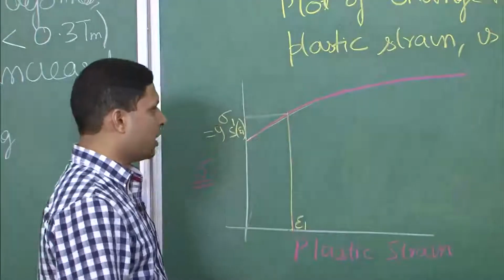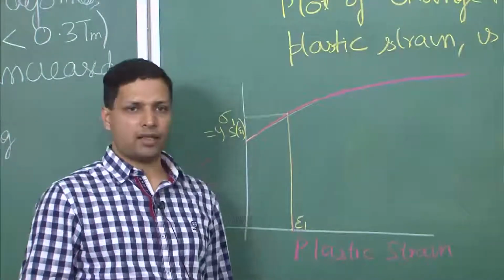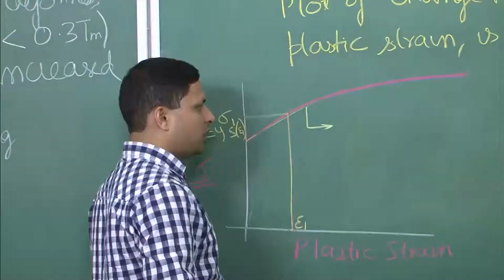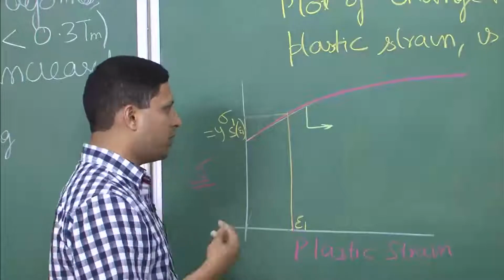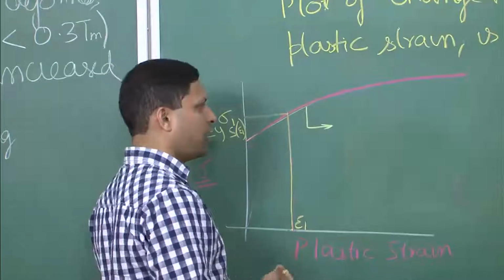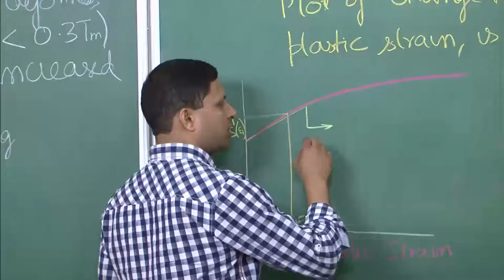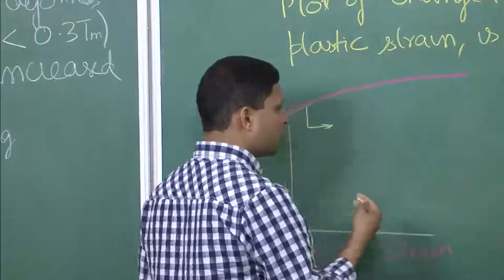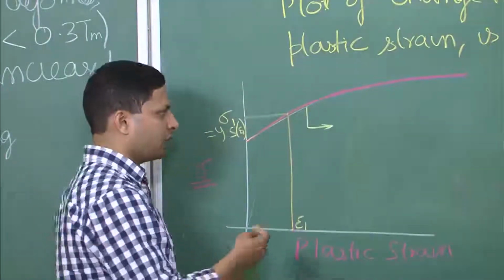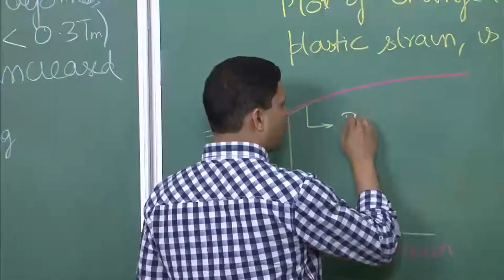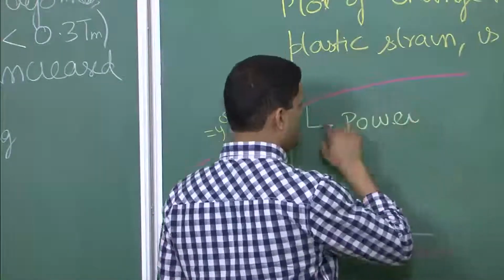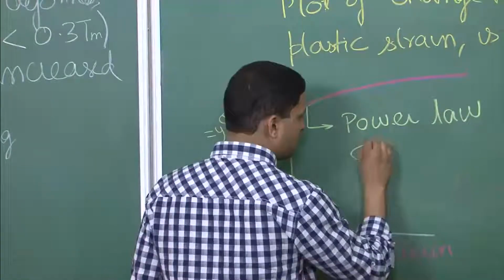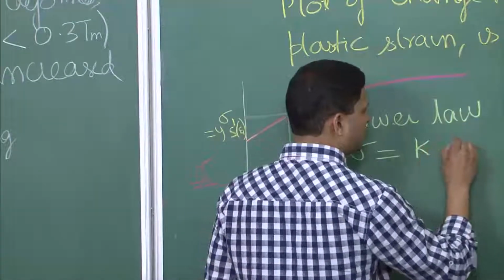But if we are talking about plastic behavior, then we do not have a very exact relation, and here also we have one relation which is empirical, which has been obtained based on experiments, and which has been verified to some extent by experiments, and it is called the power law relation between the stress and the strain. So, what this relation is, it is like this.